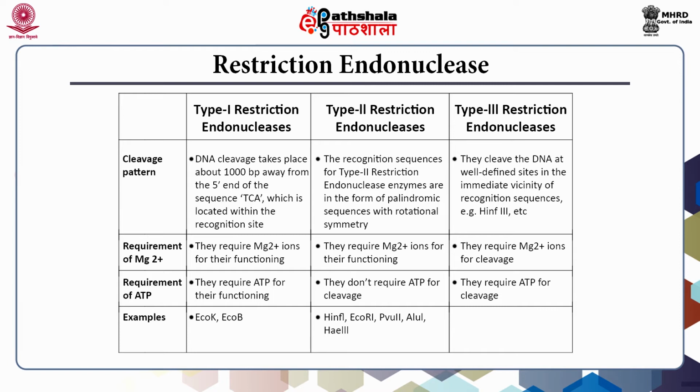Type 1 and type 3 restriction endonucleases require both magnesium ions and ATP for their functioning, whereas type 2 restriction endonucleases require magnesium ion and do not require ATP for their functioning.